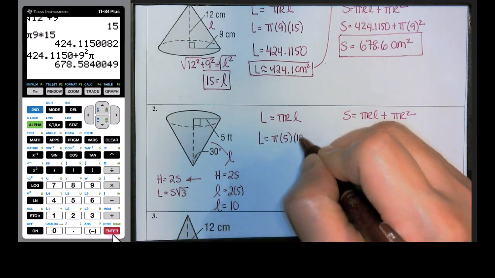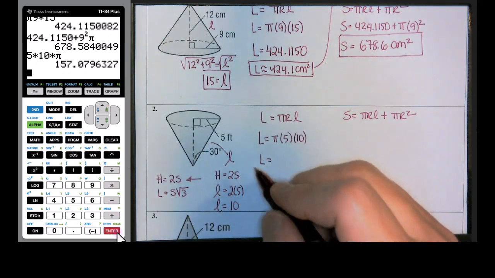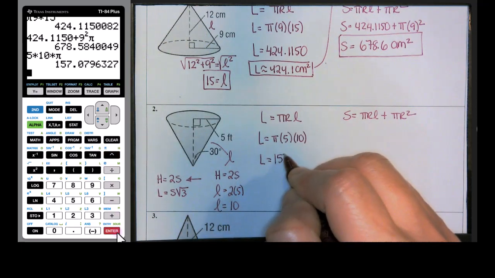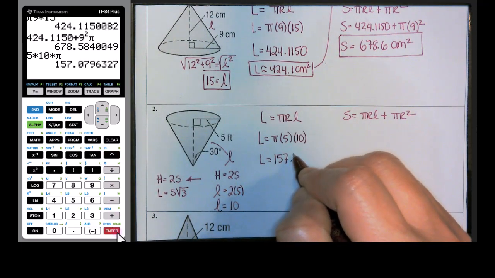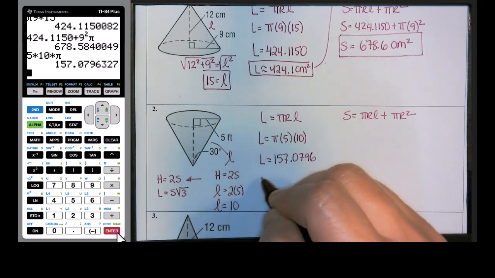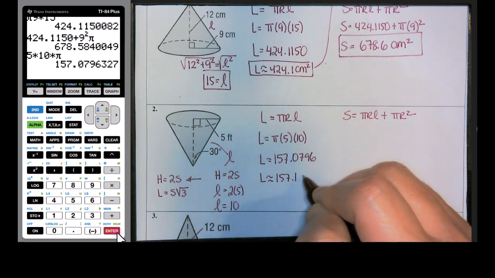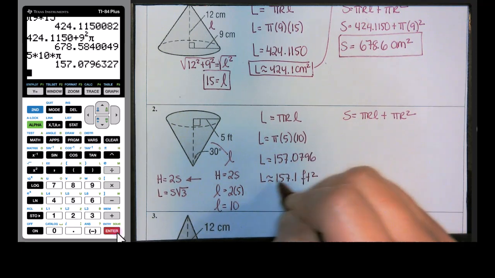So there we go. Now all I have to do is plug it in the calculator. So 5 times 10 times pi, press enter. We get 157.0796, and this rounds to 157.1 feet squared.